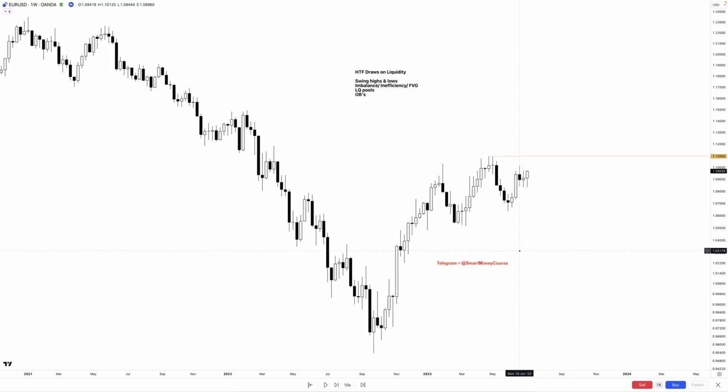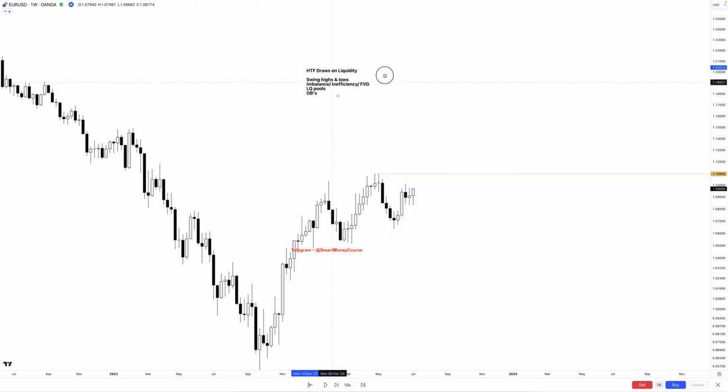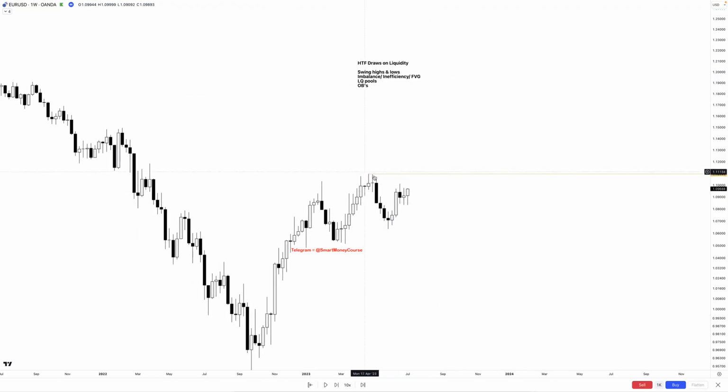We want to be looking for longs, ideally in line with this objective for price. Okay, we can see we've got a swing high, a swing low, a swing high, a swing low. The expectation is to put in a higher high. So with that in mind, the weekly objective here is to take out this high if we're going to continue structurally bullish, right?